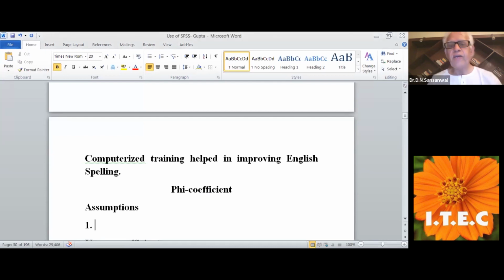Now in the phi coefficient, what do you mean by test conducted? Two tests. Yes, it is quite close to the McNemar.